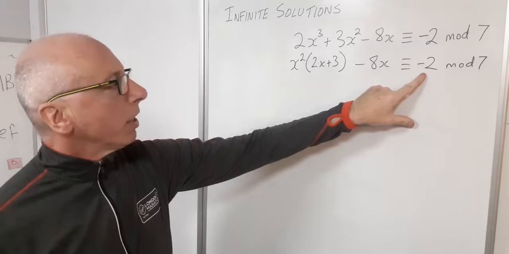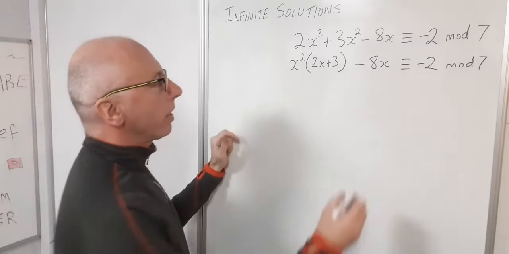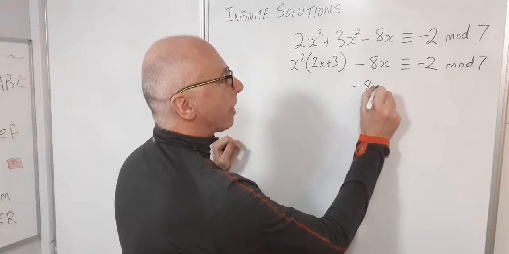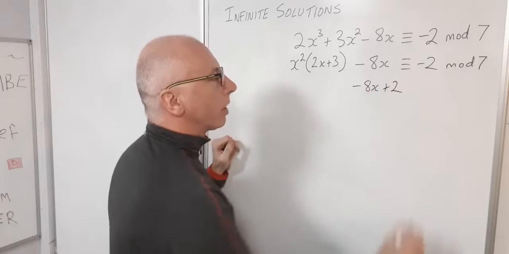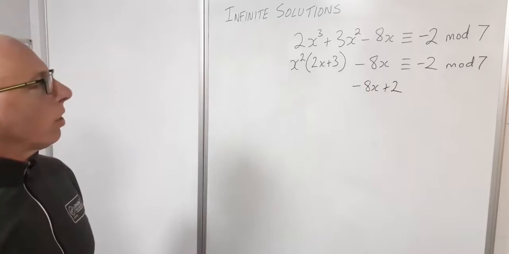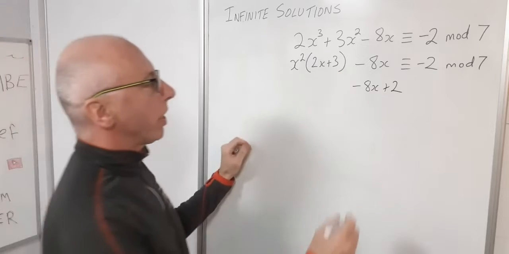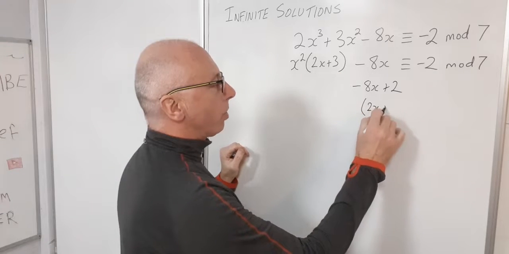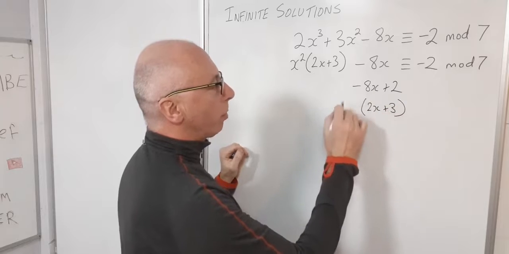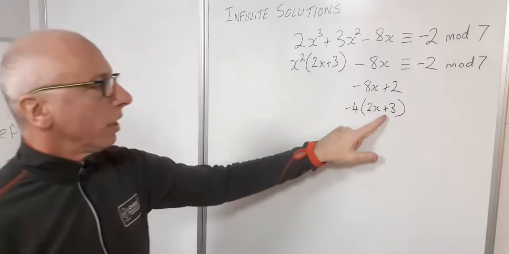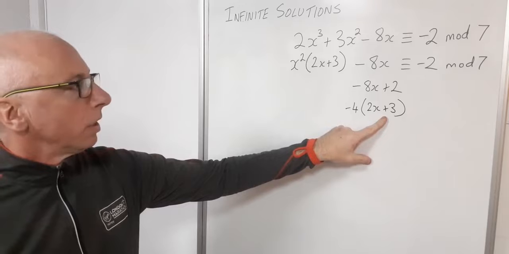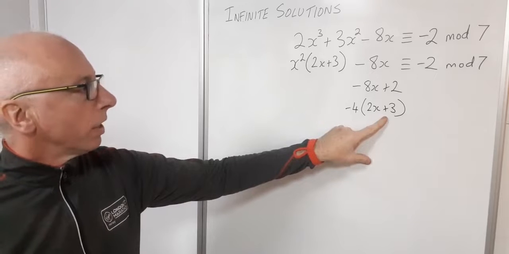So if I bring this minus 2 over to the other side, I'm going to have minus 8x plus 2. Now that's not going to work for me because I need something that yields something like 2x plus 3. So if I take out 2x plus 3, I've got to multiply that by minus 4. That's going to give me minus 12. So that's not going to work.